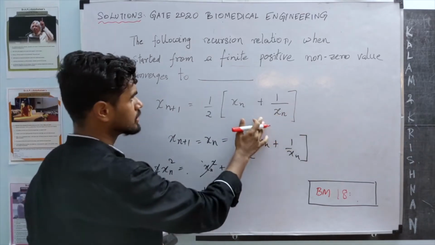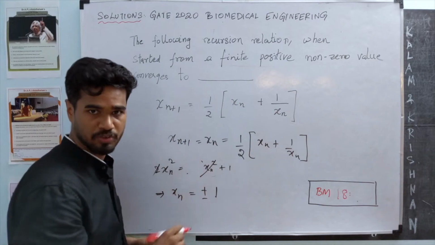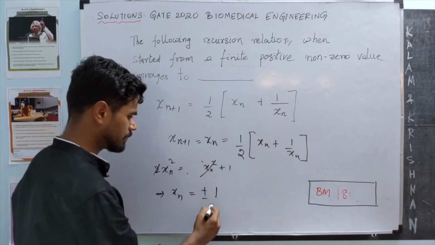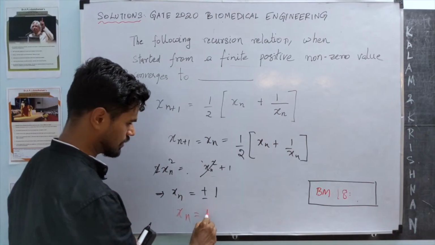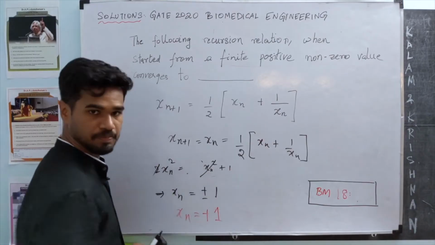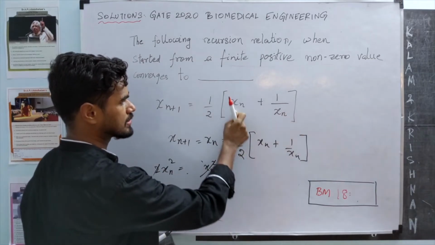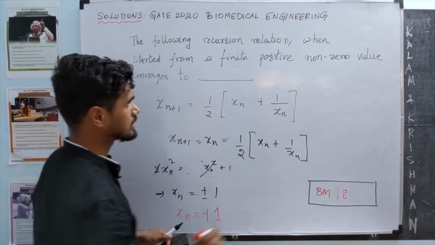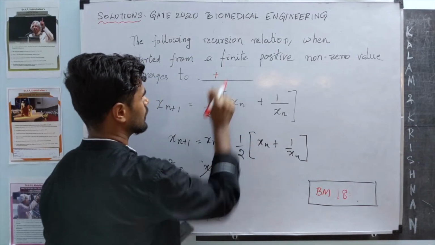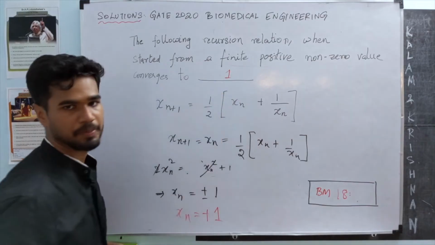So we start with a positive value; the sum of two positive values is always going to remain positive. It will end up with the positive 1, because all these calculations are positive. So the answer is plus 1, or you don't need to enter the plus in the exam, so just 1.